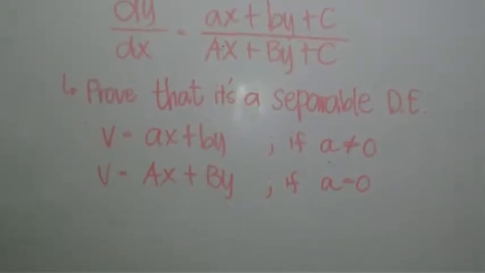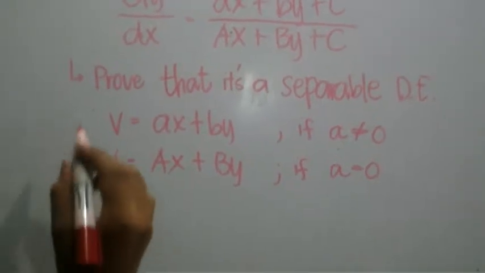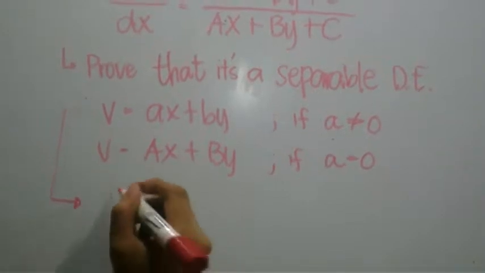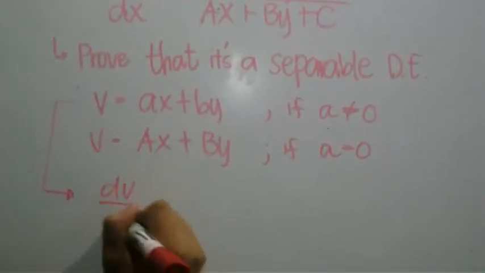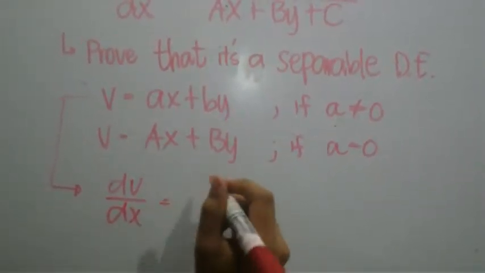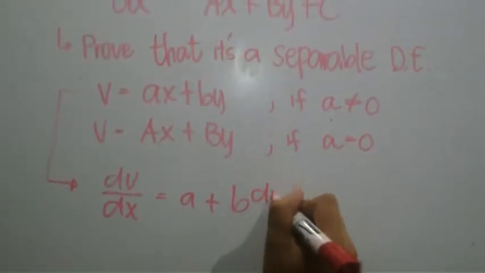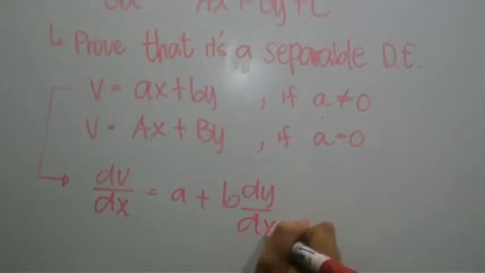So first, we have to differentiate this v. So it's dv over dx is equal to a plus b dy over dx.